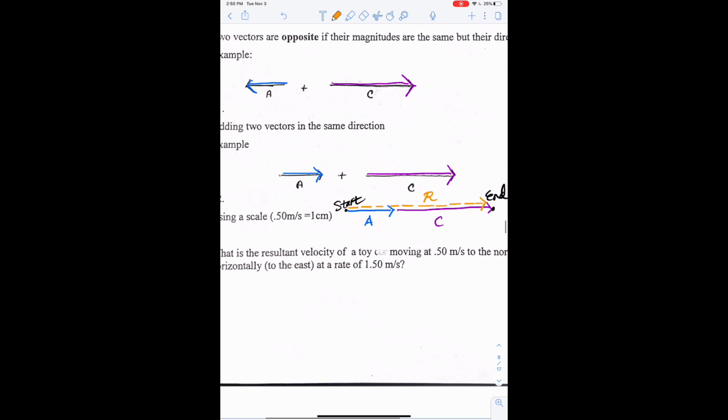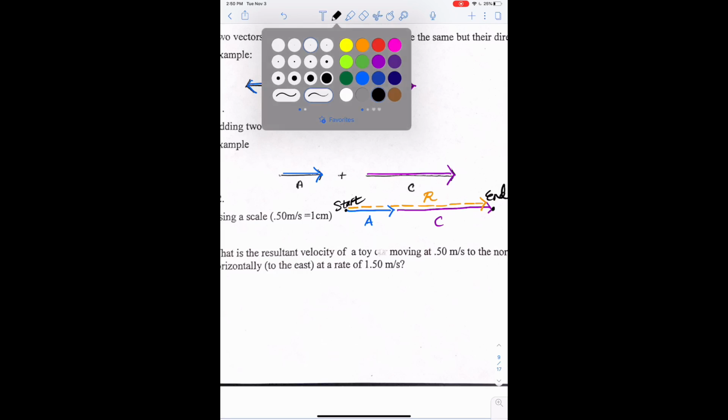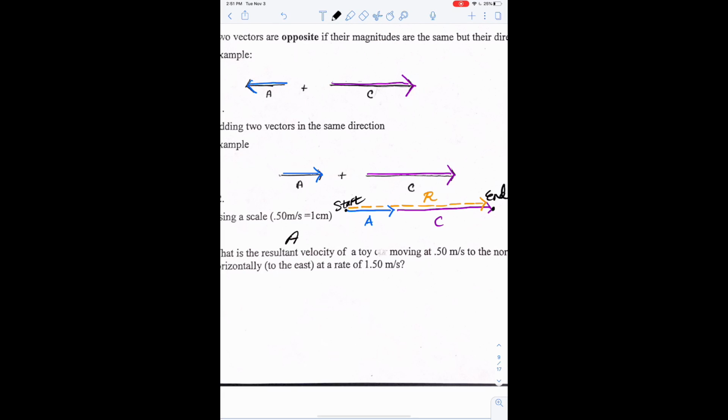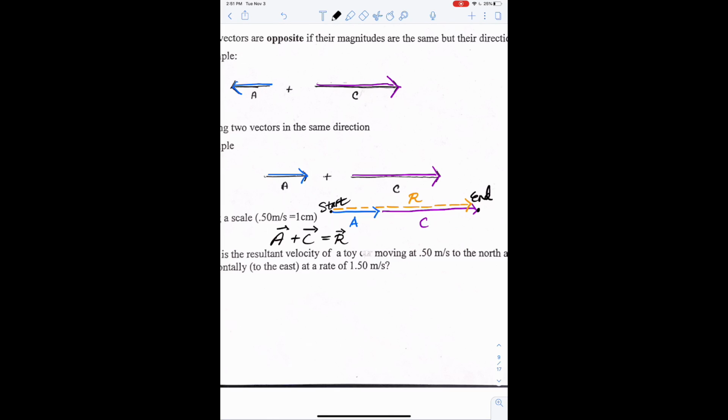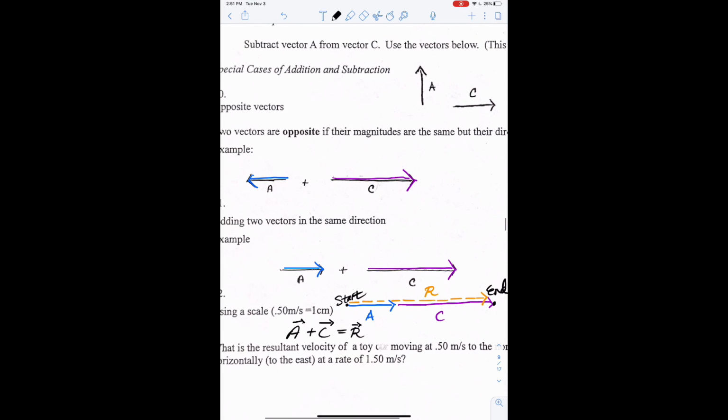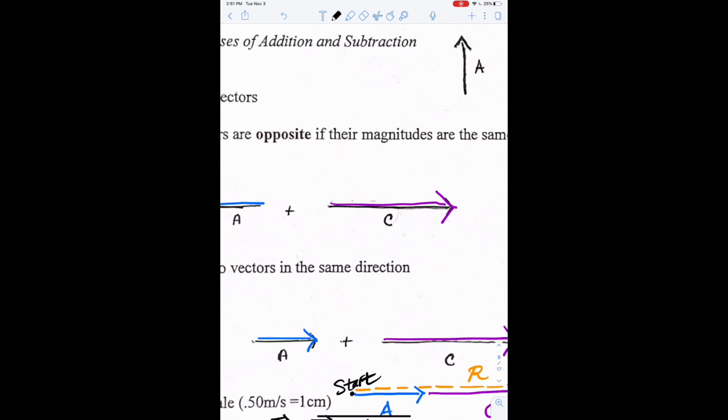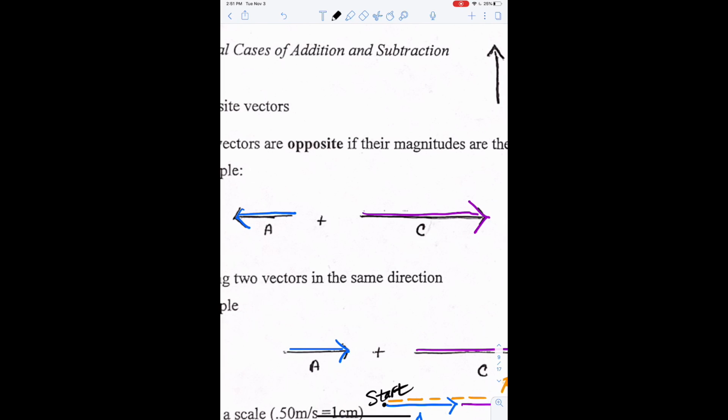And I could write that in vector hat notation. I could say vector A plus vector C is equal to vector R. And there we go. Now, if A and C instead, so if A instead pointed to the left, what would happen now?